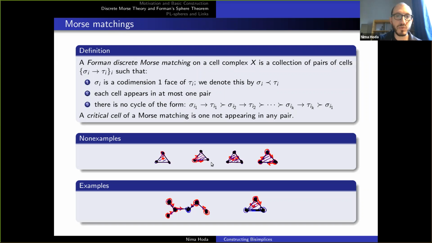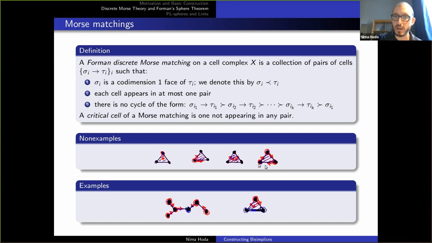In the second example, we're violating the matching rule, rule number 2. Here we have a vertex that's matched to 2 different edges. This one's a little bit hard to see, but what it's supposed to be is that the 2 sloped edges of the triangle are both matched to the 2-cell, and that also violates the matching rule.